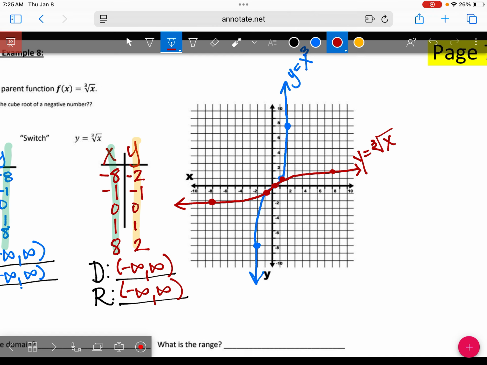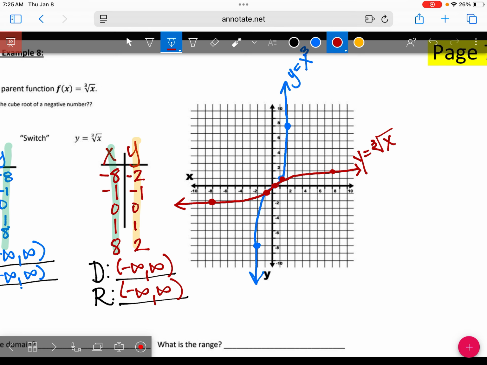But for a square root, the domain is h to infinity, the range is k to infinity or negative infinity to k. But for a cube root, it's always going to be negative infinity to infinity. Okay, so that makes it easier.